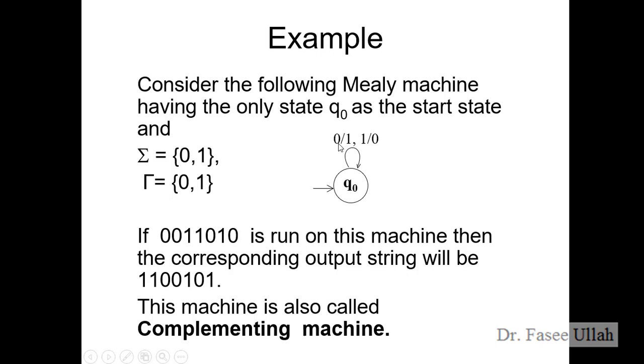Sometimes I consume the value 0 and it gives me 1, and sometimes I consume the value 1 and it gives me 0. Such a structure is the representation of the complementing machine, right? So what is a complementing machine? A complementing machine says if I say 1, it gives me 0, and if I say 0, it gives me 1.